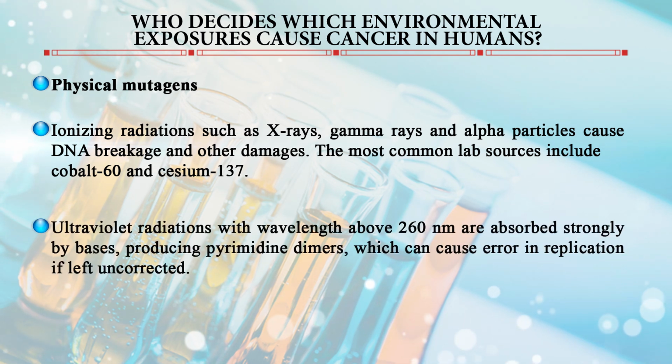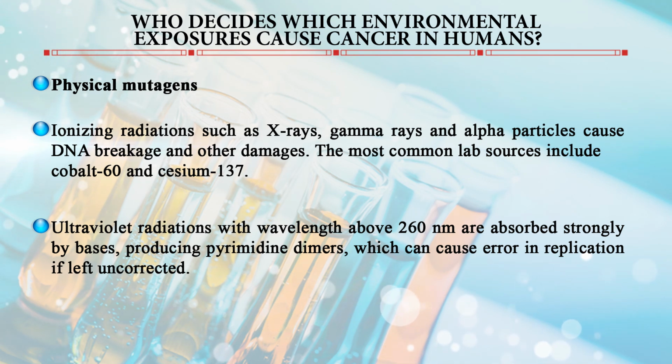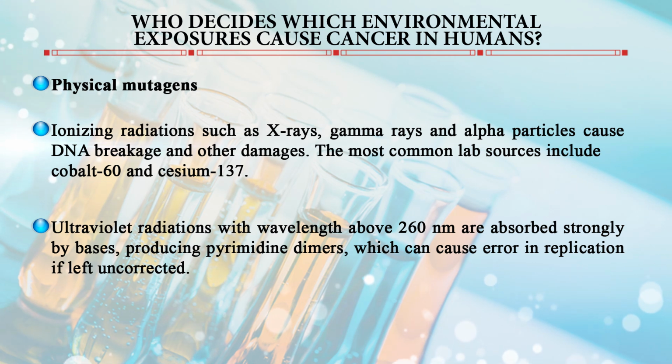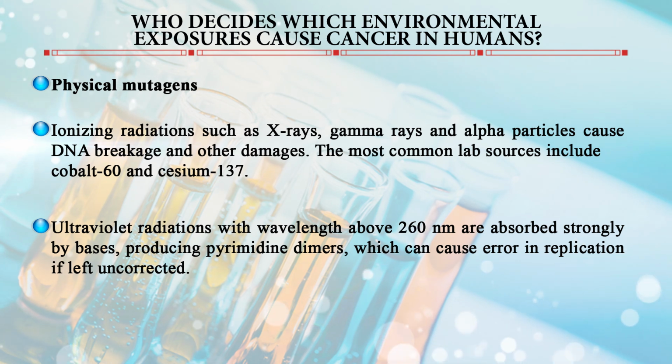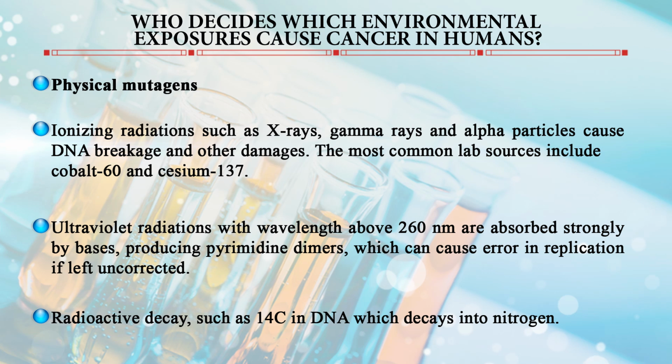Ultraviolet radiation with a wavelength above 260 nanometers is also absorbed strongly by the bases, producing pyrimidine dimers, and can cause errors in replication if left uncorrected. Radioactive decay is also one such process, like carbon 14 in DNA, which decays into nitrogen.